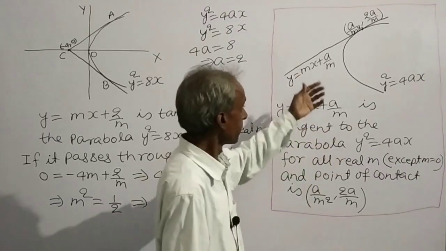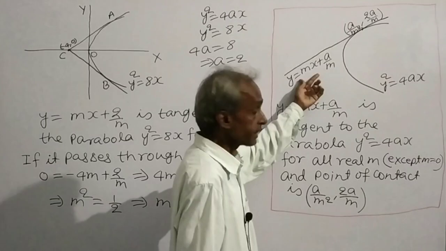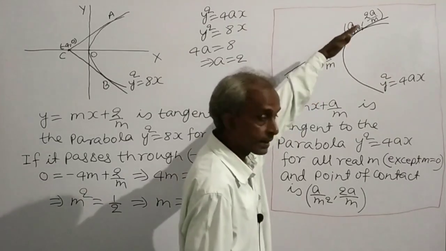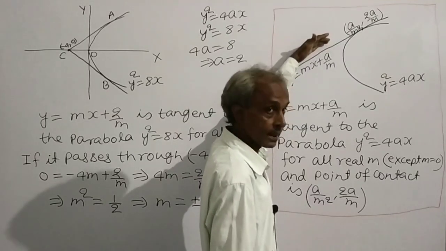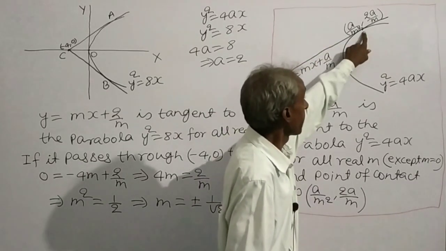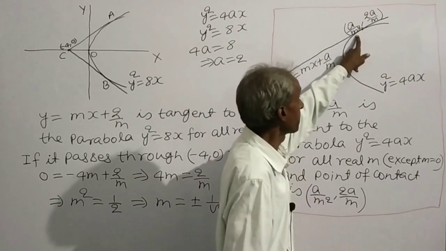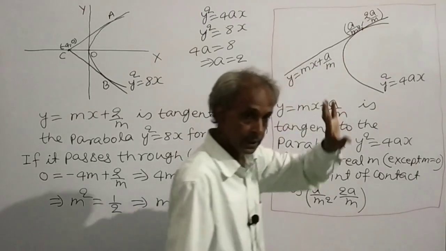That means this is the equation of a tangent to this parabola, and this tangent touches at the point a by m square, 2a by m.